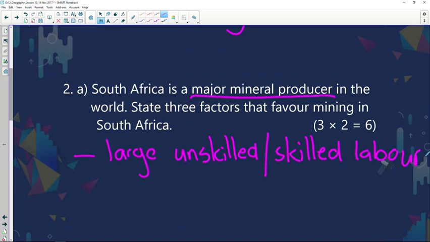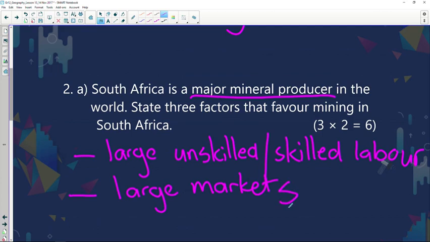Another reason that plays a huge role is that we have a large population and we have large markets as well, close to the resources.